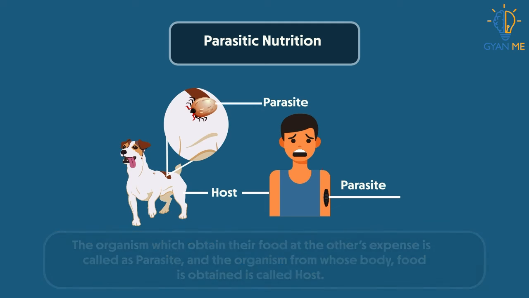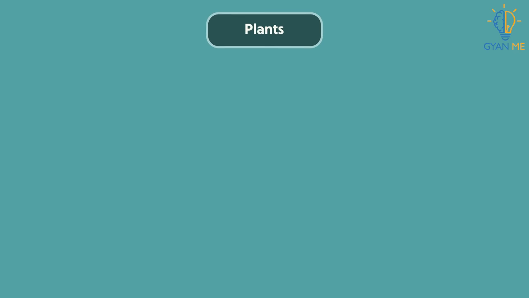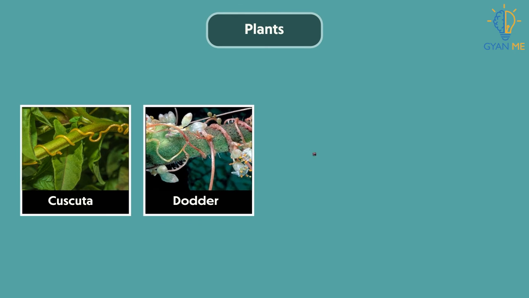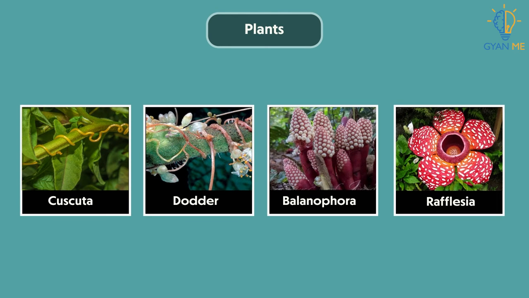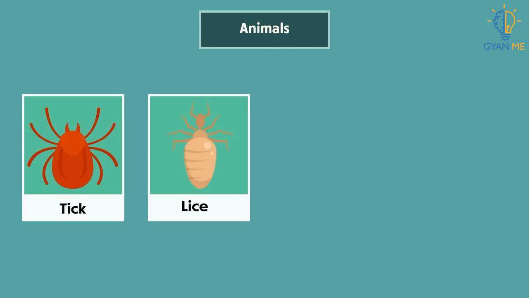We call this process parasitic nutrition. In this process, the parasitic organism survives at the cost of the host organism. This strategy is used by a variety of plants like Cuscuta, Dodder, Balanophora, Rafflesia, or animals like ticks, lice, leeches, and tapeworms.